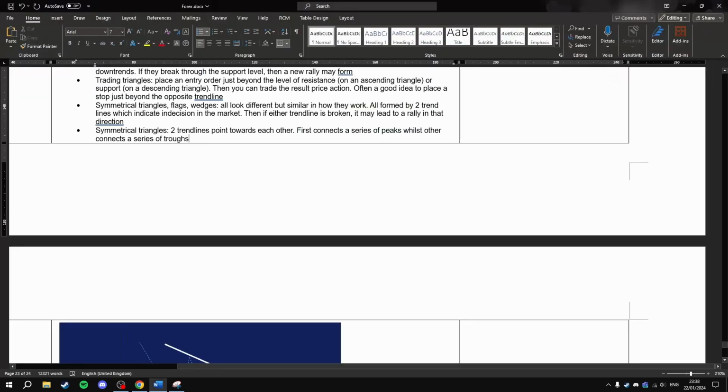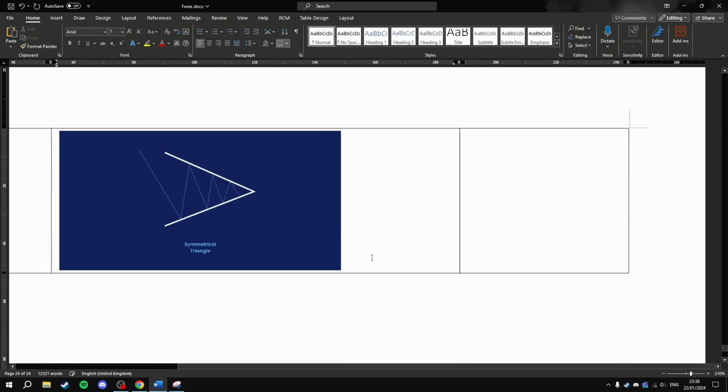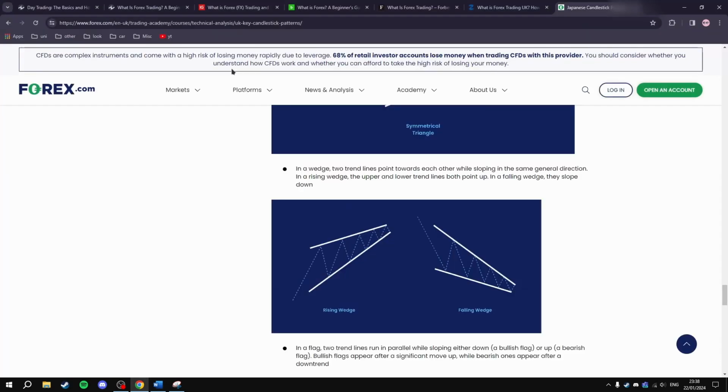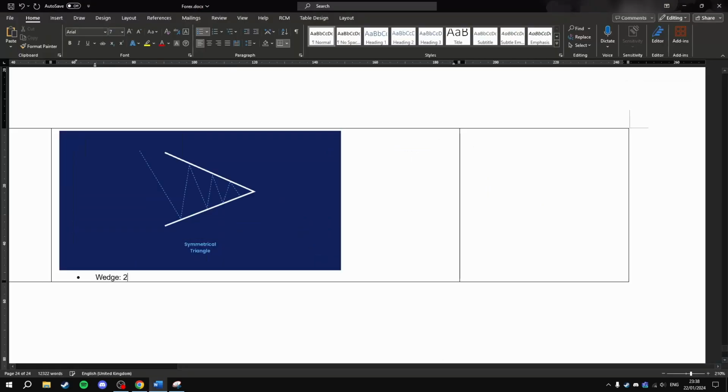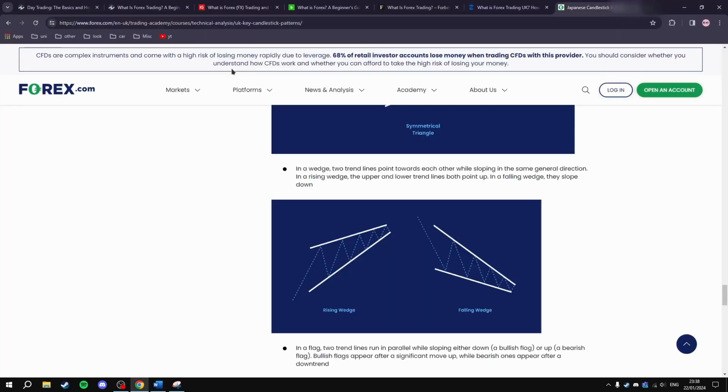In a wedge, two trend lines point towards each other while sloping in the same general direction.